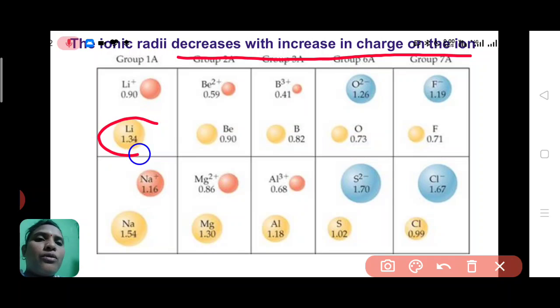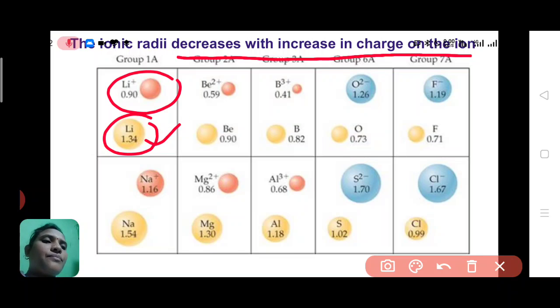This is a neutral atom, lithium. When it loses one electron, it forms Li plus, a cation. So the size of the cation decreases as compared to the neutral atom.